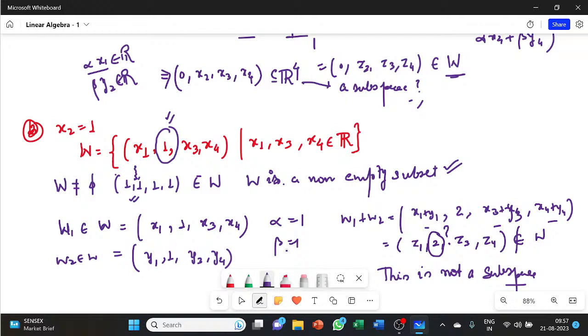Therefore, this particular W, which is given by (x1, 1, x3, x4), does not form a subspace of R power 4. Is that clear?